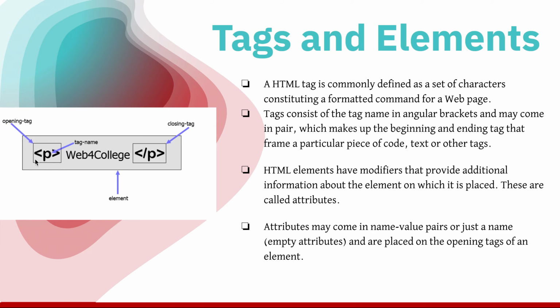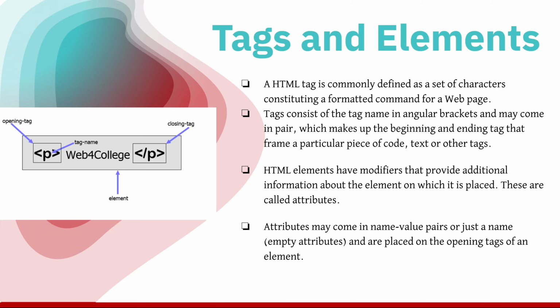So this particular is what we call an opening tag, okay, and then we have a closing tag. The difference between the opening tag and the closing tag is you have a forward slash before the character in the last one, okay, and then the tag name. So mostly the character, which is the tag name, also denotes the function of that particular tag.